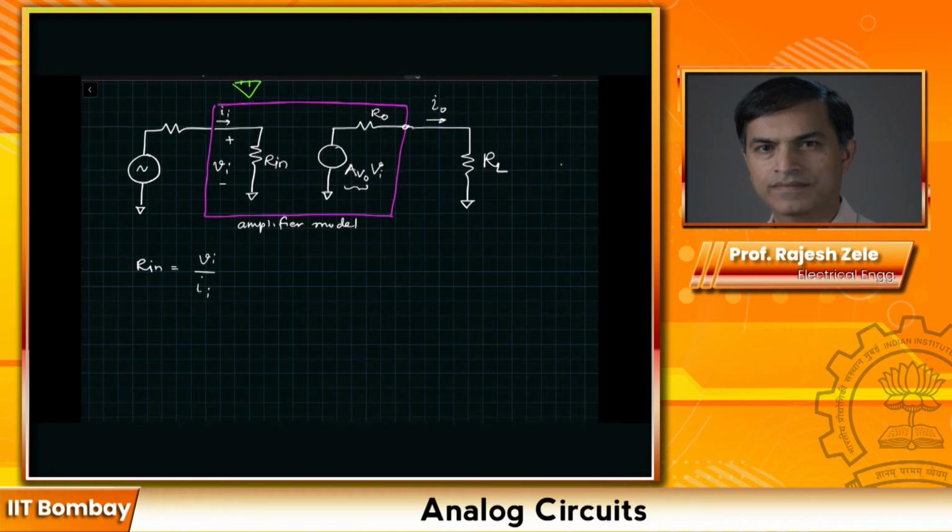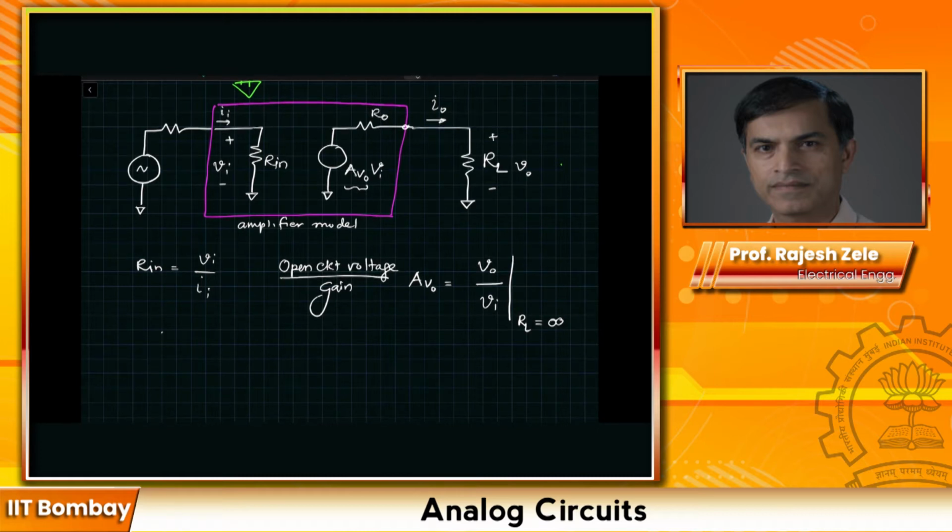The open circuit voltage gain of the amplifier is given by Avo, which is Vo divided by Vi, under the condition RL is equal to infinity. Since we are talking about open circuit voltage gain here, this is the definition of Avo.